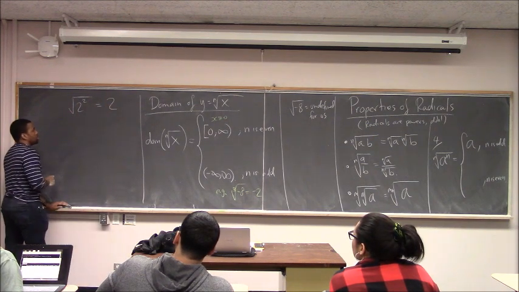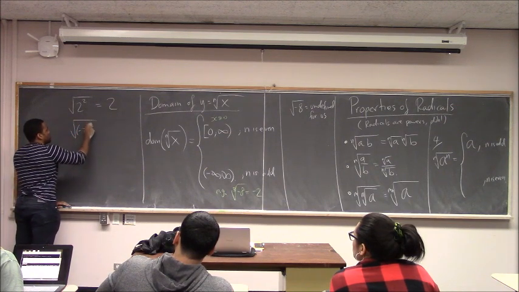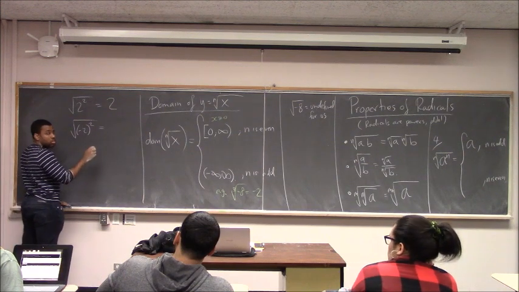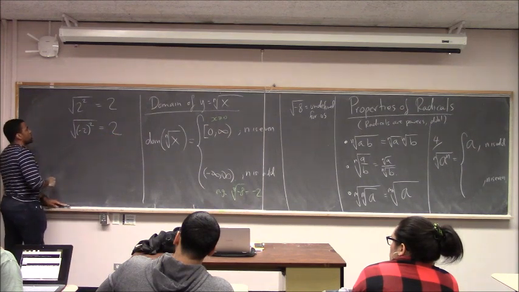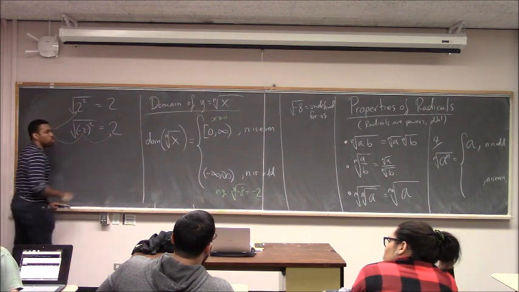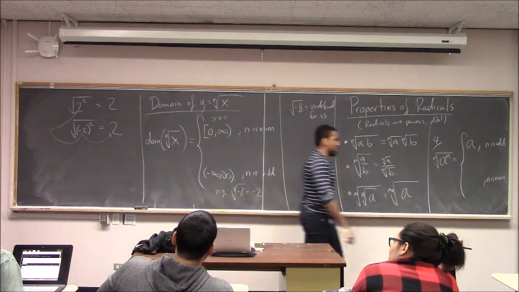What if I took the square root of minus 2 squared? What is that? It's still 2. So notice that if I input 2, I get 2. If I input minus 2, I again get 2. What does that remind you of? Absolute value.